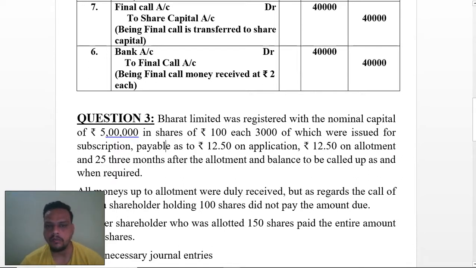Bharat Limited was registered with a nominal capital of rupees 5 lakh in shares of rupees 100 each, 3,000 of which were issued to subscribers, payable as 12.5 on application, 12.5 on allotment, and 25 three months after allotment, and balance to be called up as and when required.